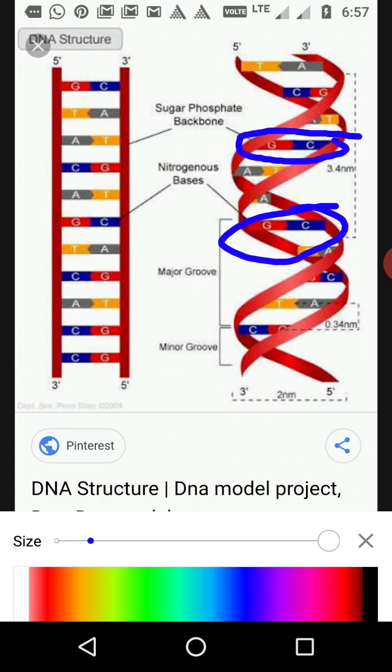That is called base pair changes. The base pair means adenine, guanine, thymine, whatever is written over there. If there are any changes in this base pair in the genetic material, that mutation is called point mutation. Clear?